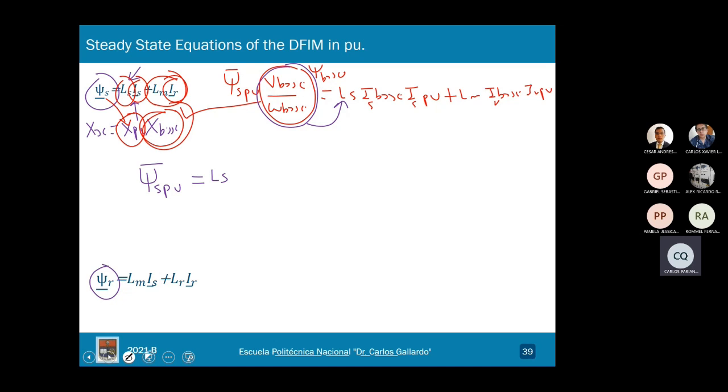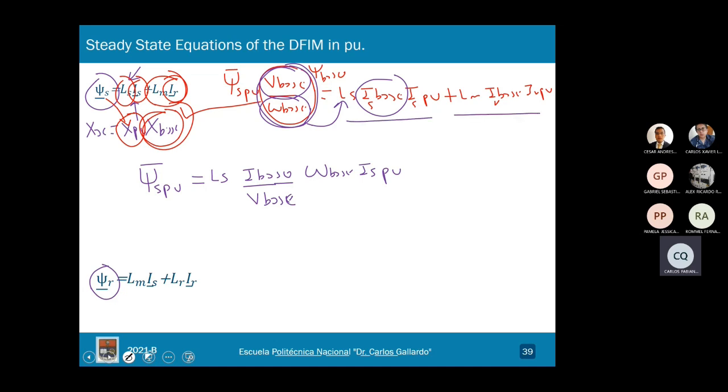So I will have here, this is the current base over the voltage base, times, to the right side, this is the angular frequency base, times the per unit value. Okay, this is my first term.